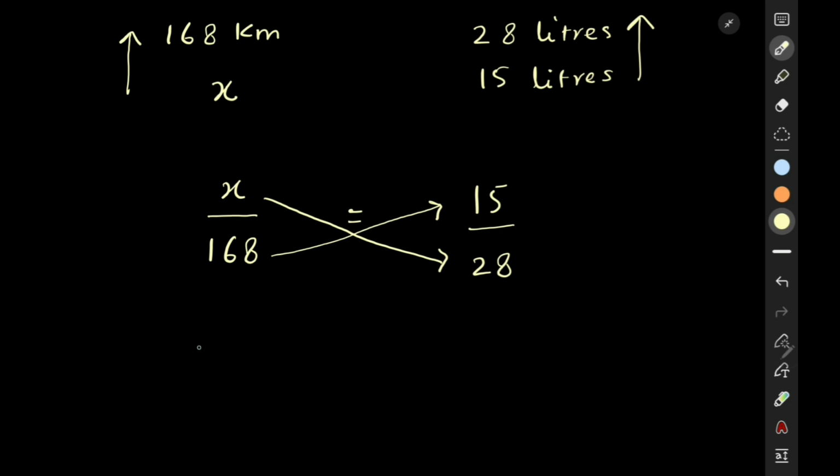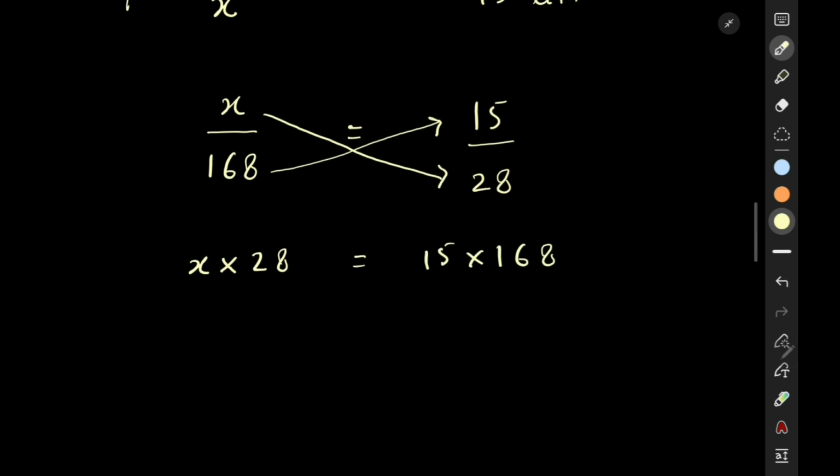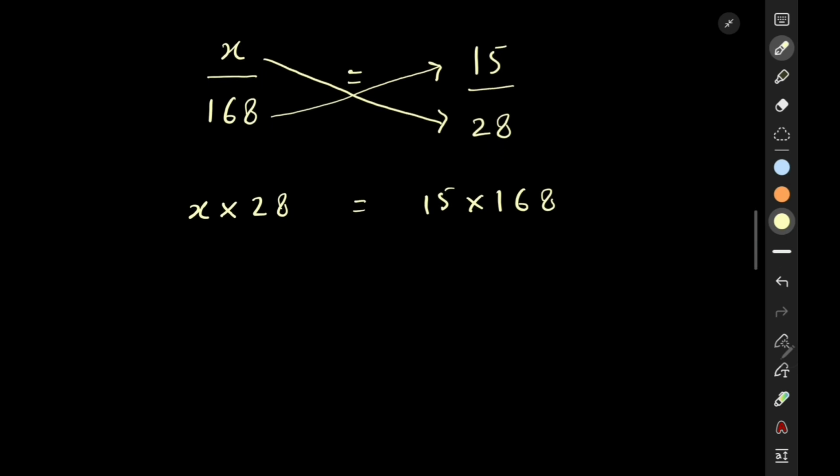So we write x multiplied by 28 is equal to 15 multiplied by 168. Next step, here we have to find x, so we isolate it. How? We write only x here and 28 goes down here.